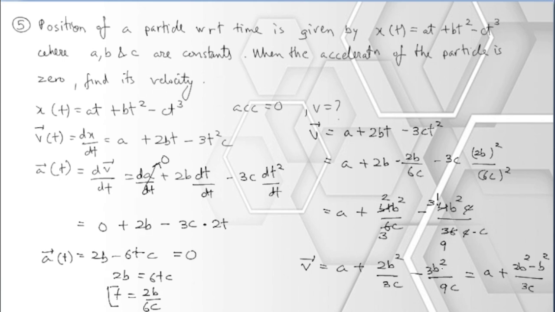Now how 3c? This is 3 1s are 3 and 3 3s are 9, or v equals a plus b squared by 3c.